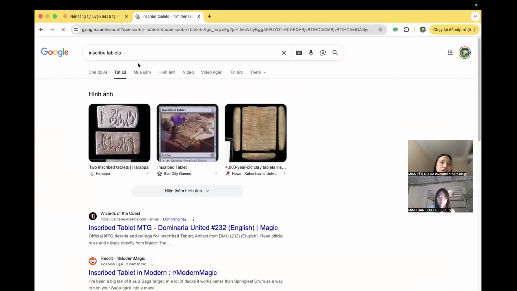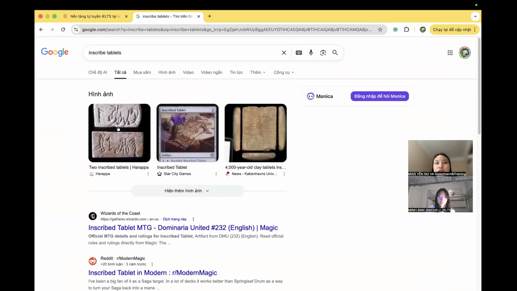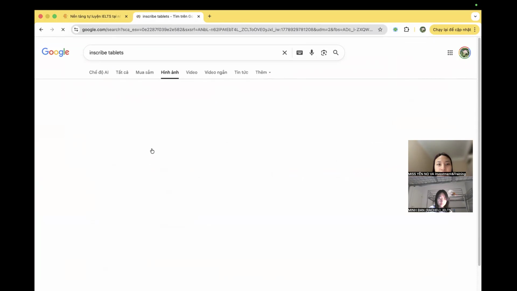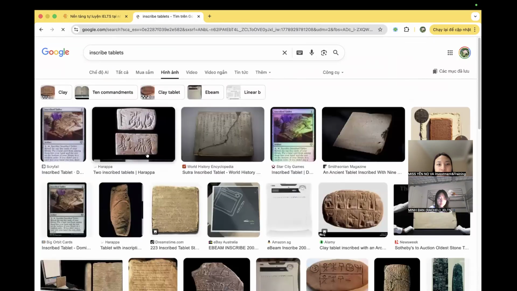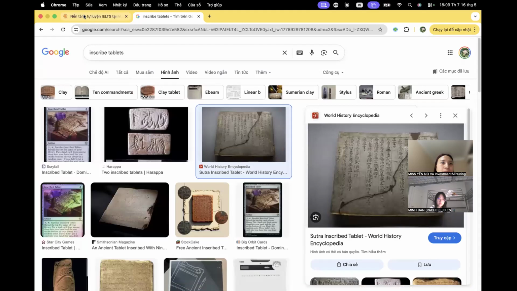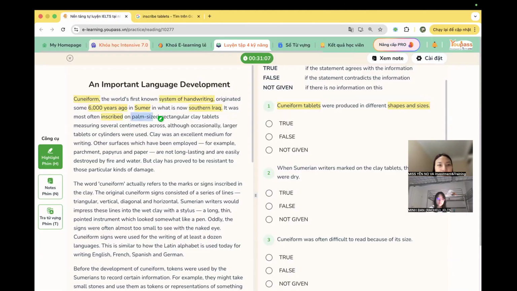I show you the picture like this. That's the inscribed. They have to use a sharp, pointed tool to put the information on a hard surface like this one. Khắc dấu, yeah. On palm-sized, rectangular clay tablet.